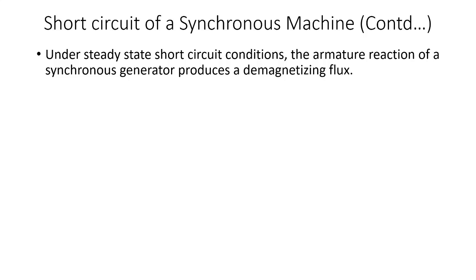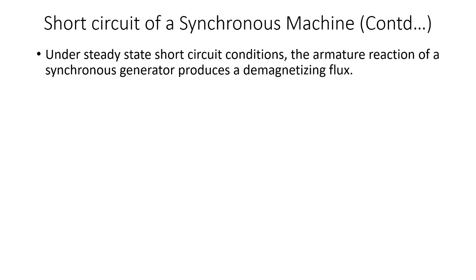That means as the flux cannot change instantaneously, and as the current has increased to a very high value, the demagnetizing effect of the armature reaction increases to a very high value due to the presence of a very high current.